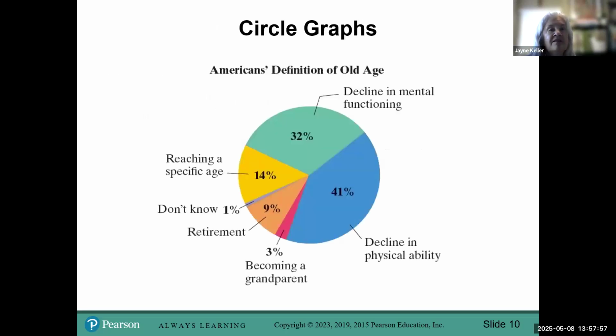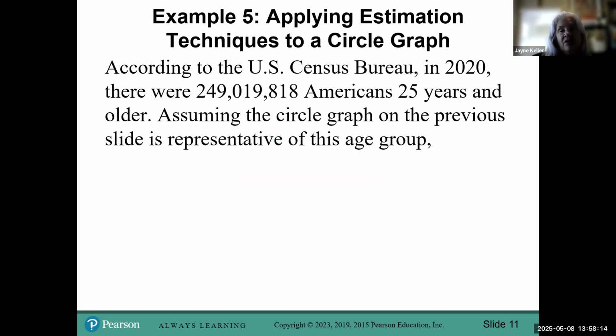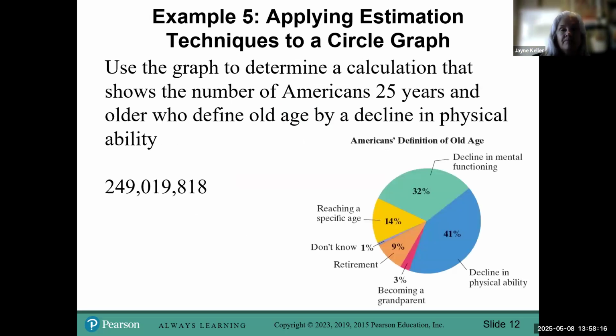And let's say that this is representing their opinions on old age. If I wanted to get an idea of about how many people associated old age with a decline in mental functioning, then instead of having to do an exact calculation, I could do a little rounding.